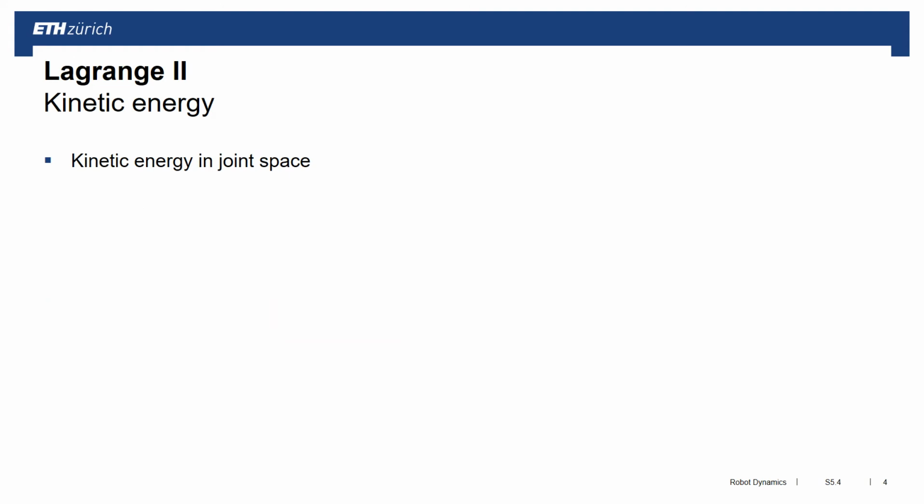So let's have a look at kinetic energy first. If we define the kinetic energy in joint space, all we need to do is take 1/2 q dot transposed M q dot. So that's nothing else than 1/2 m v squared if we write this in a linear form, but this here is in matrix form.